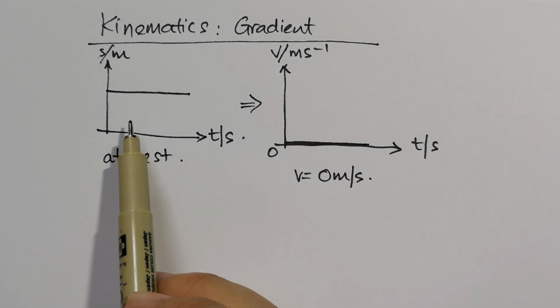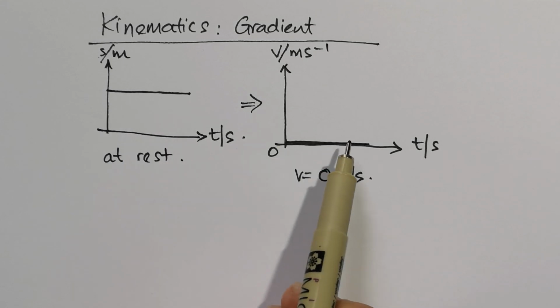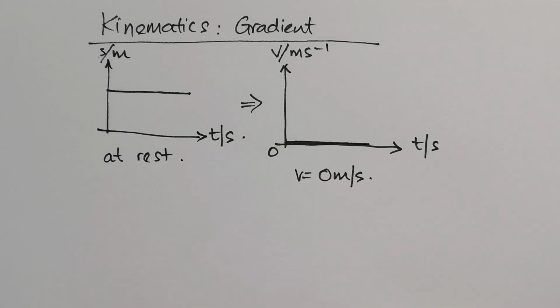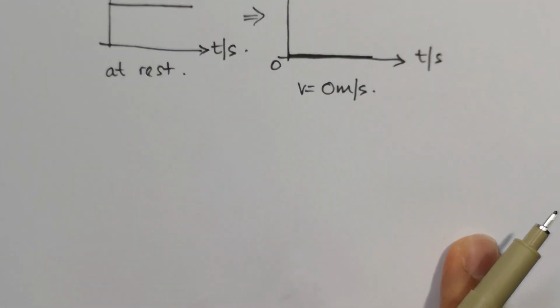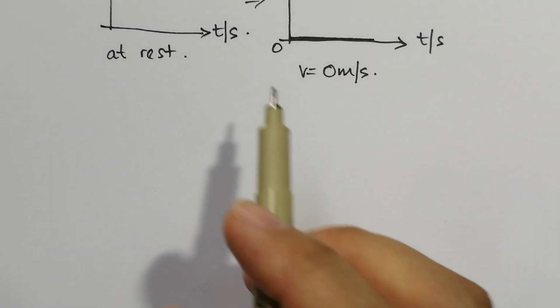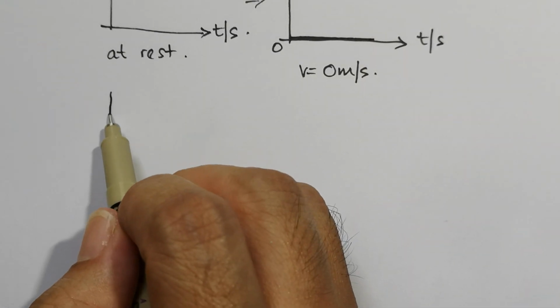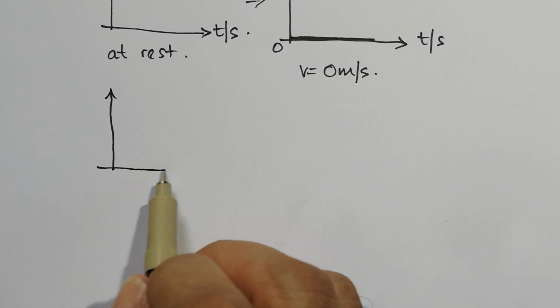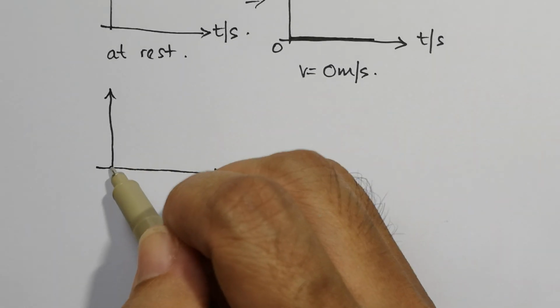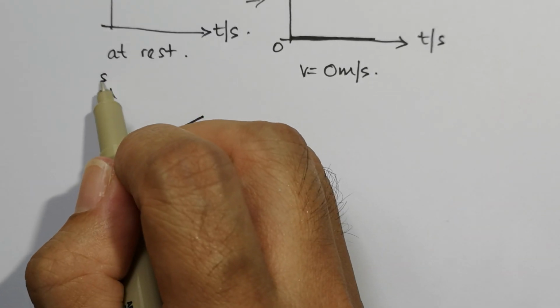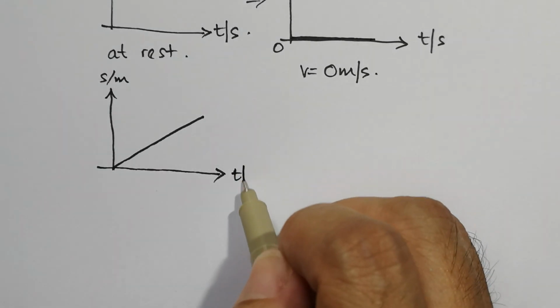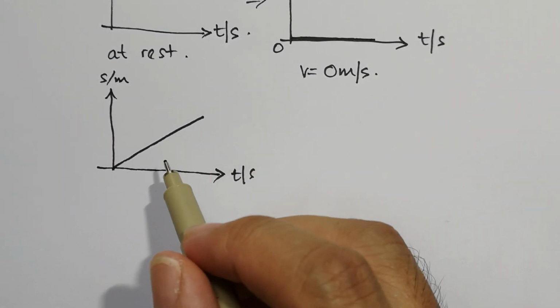Now, how is the gradient of this equivalent to this? To illustrate this point, I'm going to talk about another graph which you're now very familiar with, this upward slope graph.